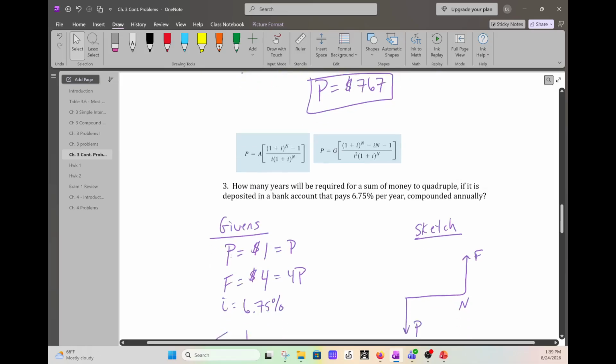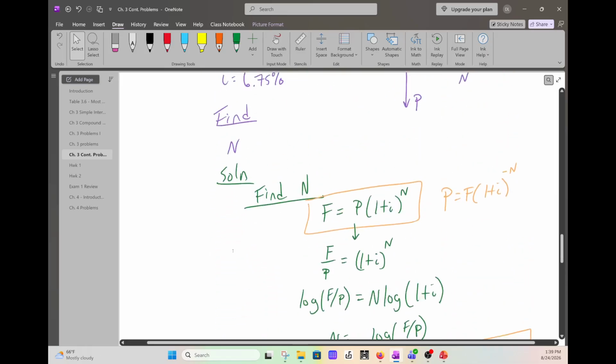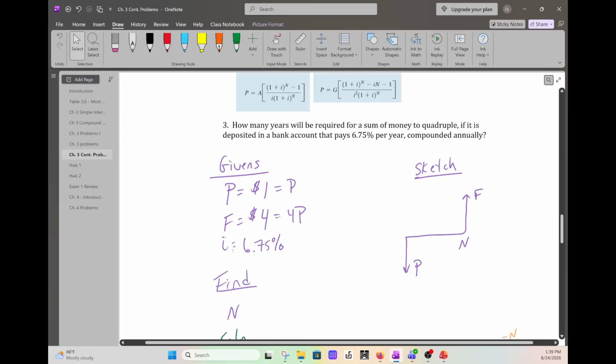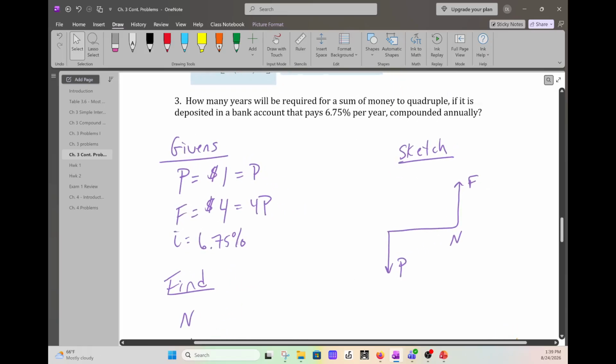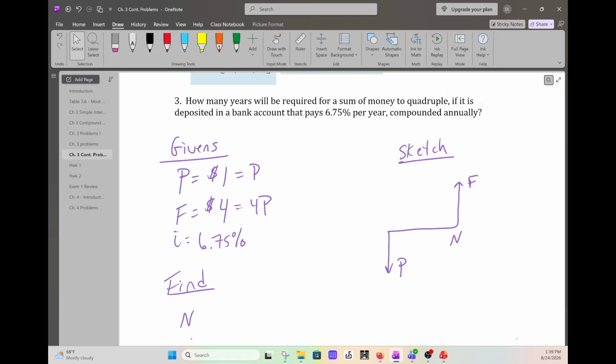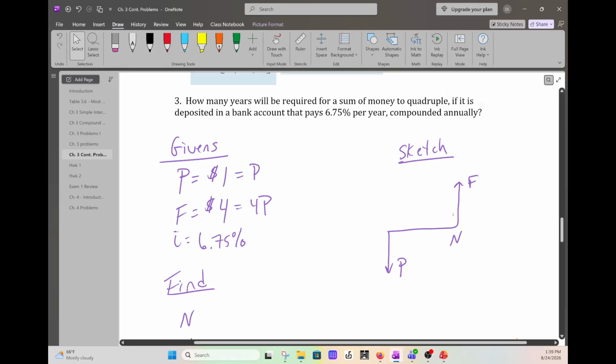All right, next one. I think this is the last one. Yes. Okay, this is a good one. How many years will be required for a sum of money to quadruple if it is deposited in a bank account that pays 6.75% per year compounded annually? All right, so we're looking for N. We want it to quadruple, and the I is 6.75% compounded.